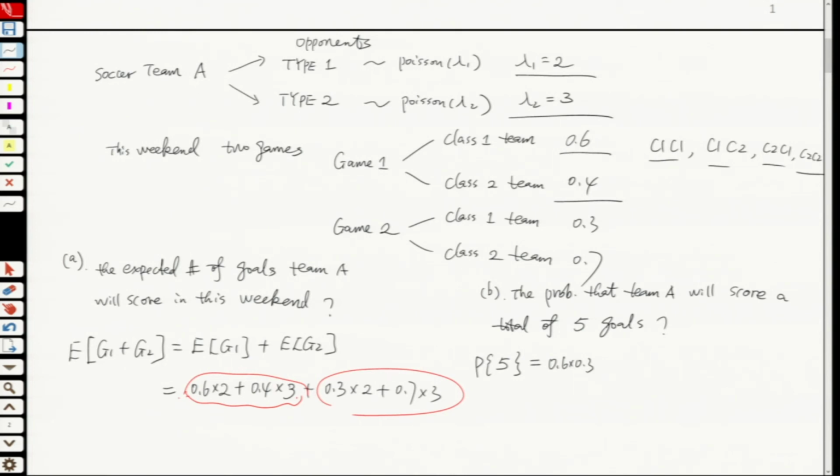So what we have here, oh, we do need the equations, okay? Because class 1 and class 1, this will be 2, 2. So if you add the lambdas together, it's lambda 1 plus lambda 1. So it's exponential minus 4 times 4 to the k divided by k factorial.